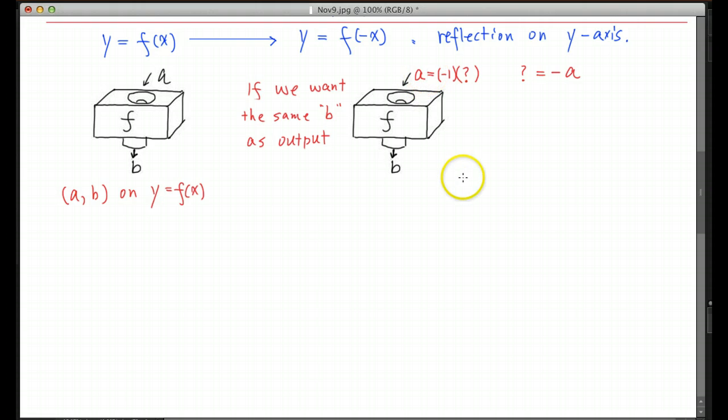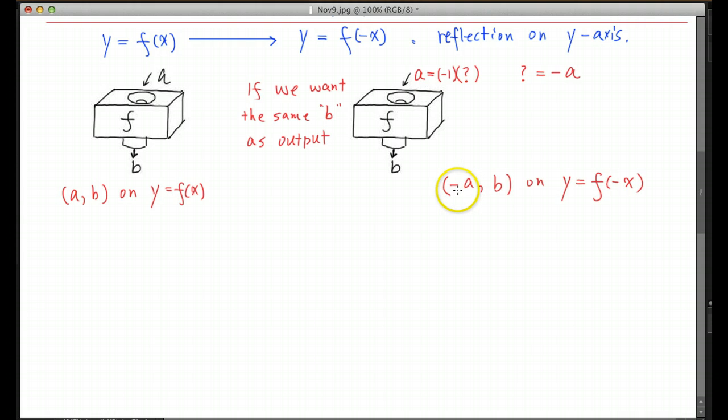So what does that mean? If we want to produce the same b, we have to feed the machine with -a. So that means we should have a point (-a, b) on the new machine. So on the modified machine, y equals f(-x). That explains it: if you have a point after the transformation, it becomes the same y, but the opposite x.